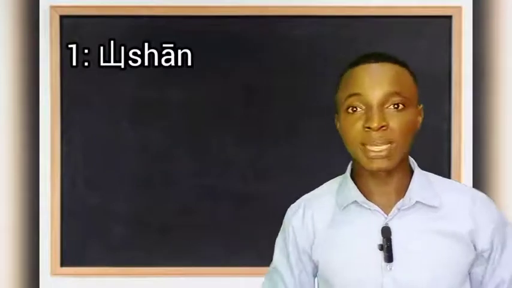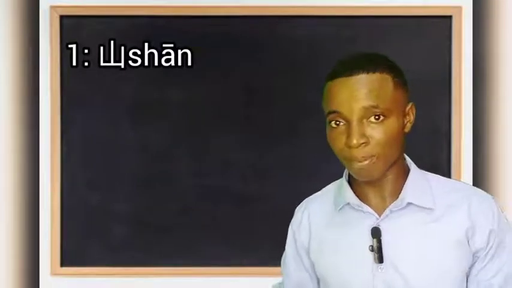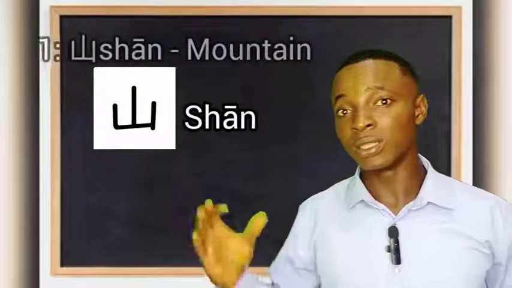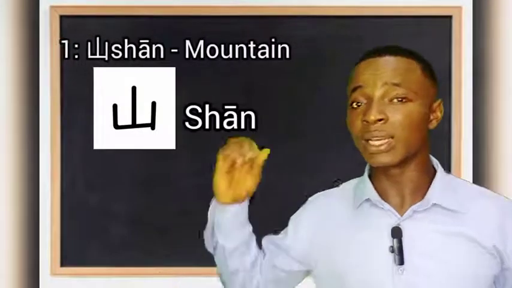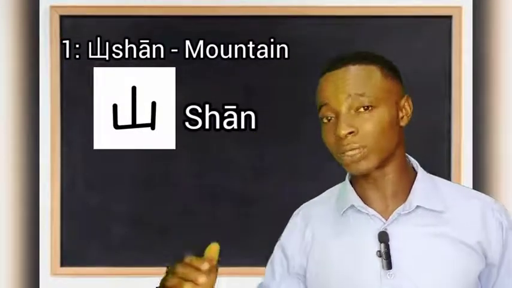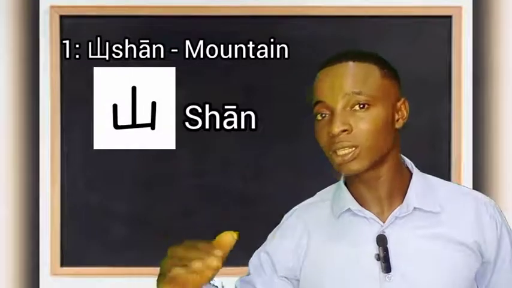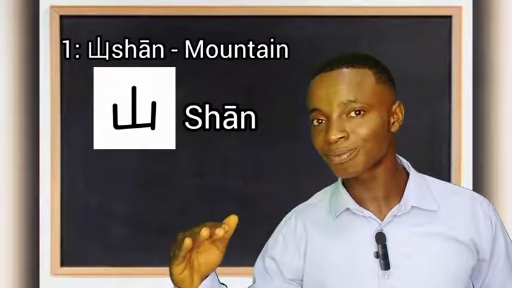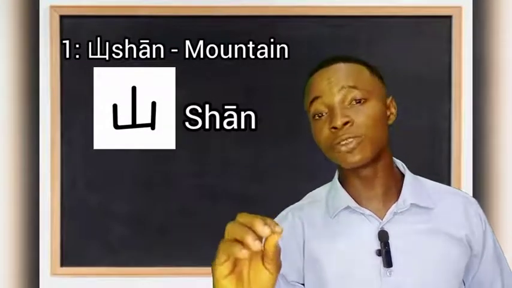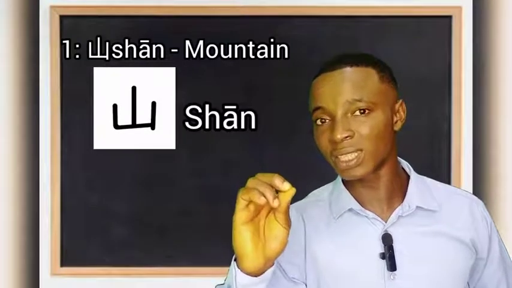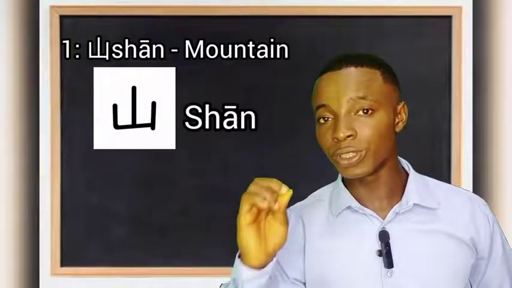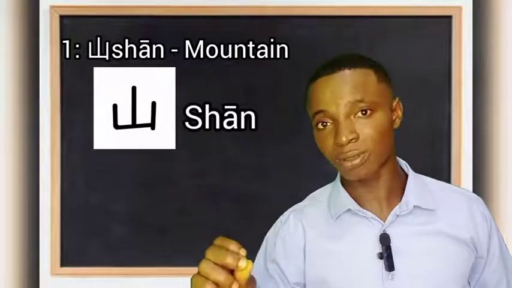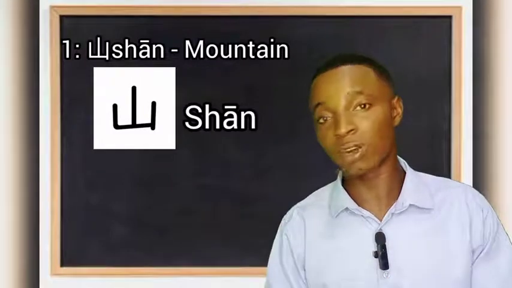Now let's quickly see how this stroke appears in one of these characters. This character is the Chinese word for mountain, shān. To pronounce this word perfectly, you must know your initials and finals. We've already discussed all these things.